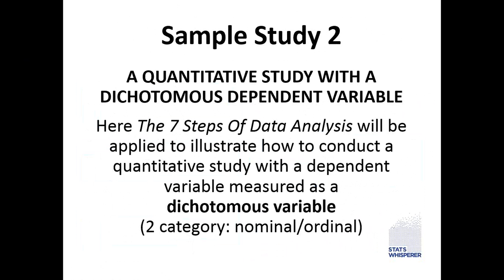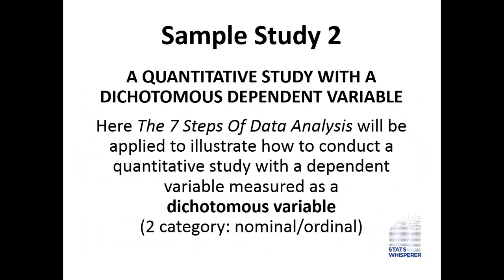And then sample study 2, you might ask, why 2 sample studies? Because the procedures are different when you have a continuous dependent variable rather than a categorical dependent variable. So in sample study 2, we have a categorical dependent variable to illustrate how to do that analysis, as well as draw distinctions upon the difference between the 2 studies.